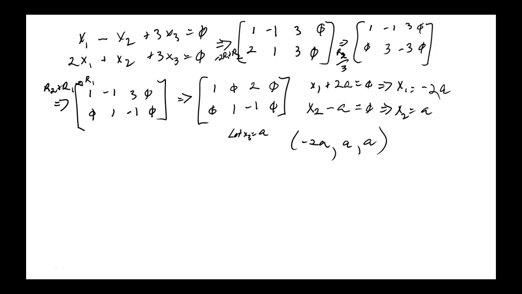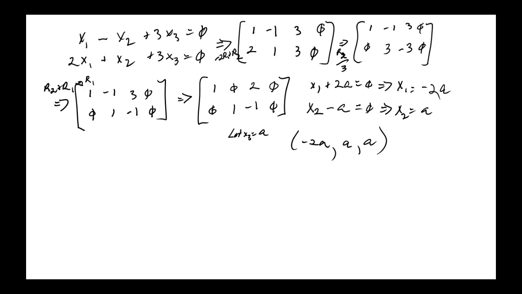Minus 4 minus 2 would be minus 6, and then 3 times 2 is plus 6. That's equal to 0. The second one, 2 times minus 4 would be negative 8, plus 2 would be negative 6, plus 6 is 0.